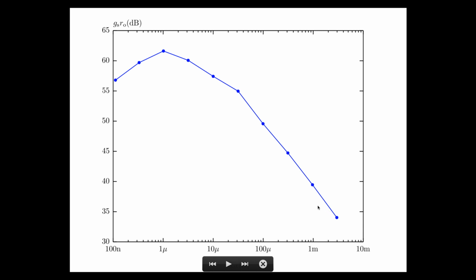One thing that's interesting to note here is that the prediction from our simple theory is that the intrinsic gain should fall off as the square root of the current. So it falls off inversely with the square root of the current. And so we have here a log-log scale. And so here's a factor of 10 change in current from, let's say, 100 microamps up to 1 milliamp.